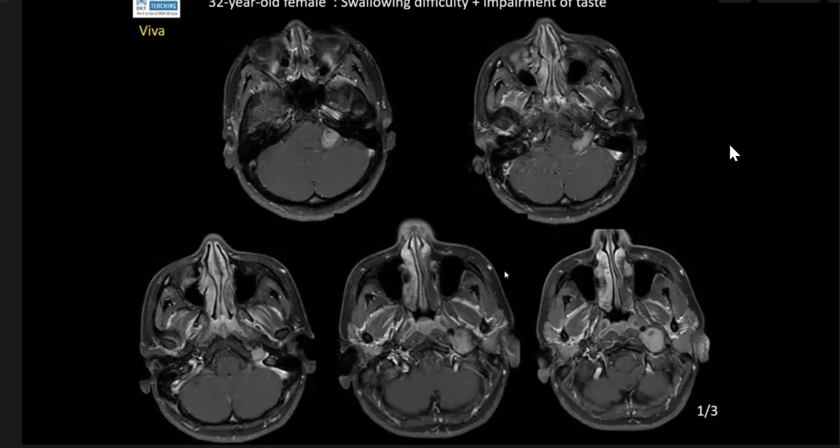So it seems to be in continuation with where you would find the IJV. So I think it's where the vessel would exit the foramen. So I think the left IJV is occupying the left jugular foramen. Excellent. We are in the same differential diagnosis.